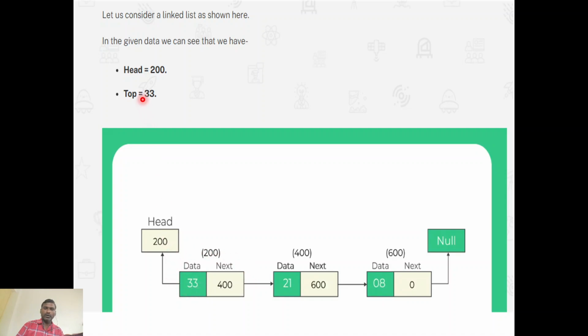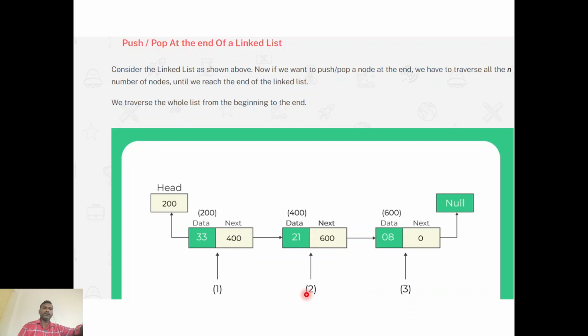Likewise, the address 400 is the address of the next node, and the address of this node will be stored into the next pointer of the previous node. This is the simple linked list representation for the stack operations.